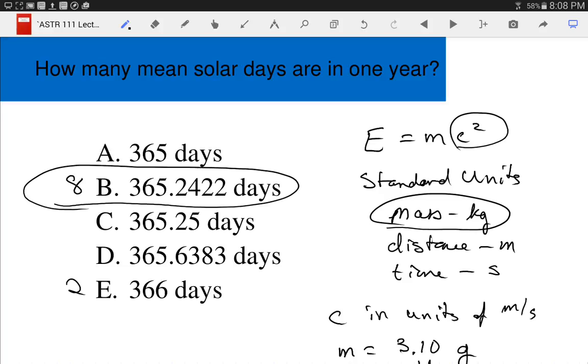Oldest calendars would have something like 365 days in a year. But if you have 365 days in a year, just about every 4 years, you're going to be 1 day off. How do they know it's 1 day off? Because you look at those important times we talked about last class period.